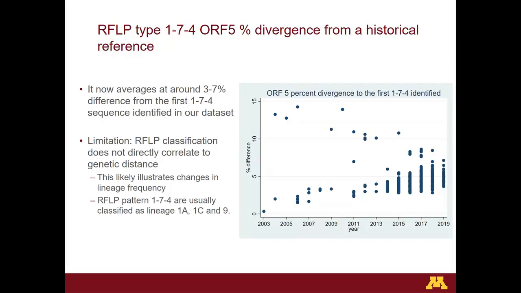So one thing that I want to highlight here is that RFLP has an important limitation on what we are trying to assess here, which is that it doesn't necessarily directly relate to genetic distance. Since we're making cuts and assigning a pattern name for those cuts, any mutation in specific regions that could otherwise be cut or not in the genome can give us a completely different RFLP pattern.